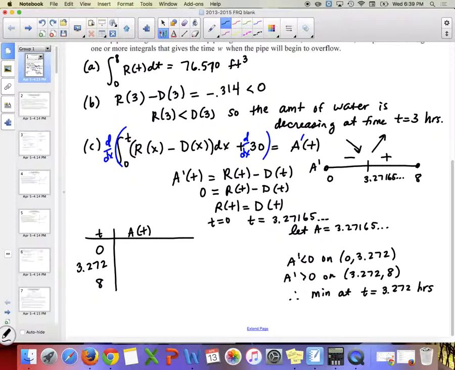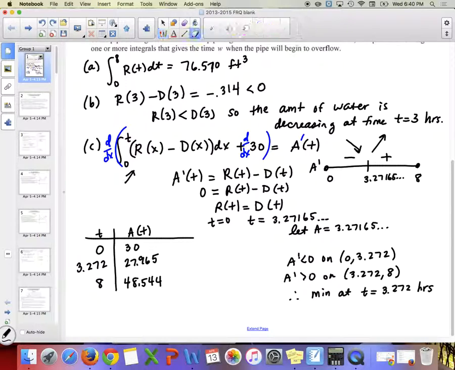So when you plug in 0 into A of t, which was up here, right, you'd have 0 to 0, which gives you 0, and you'd end up getting 30. All right, and then when you plug in 3.272, or A, which you've stored, you would end up getting 27.965, and when you plug in 8, you'd get 48.544.